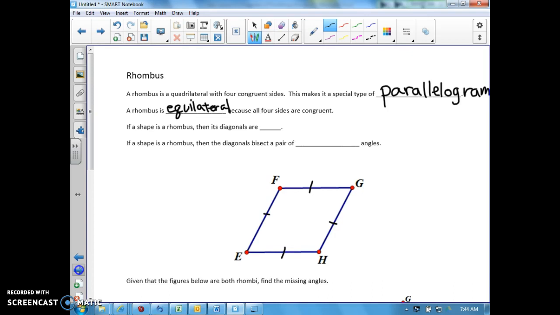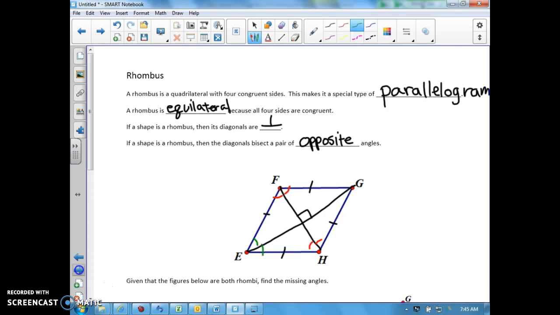If the shape is a rhombus, there's also a really cool theorem that says that the diagonals are going to be perpendicular. And if it's a rhombus, the diagonals are going to bisect a pair of opposite angles. So that would be that angle bisected, and that angle bisected.